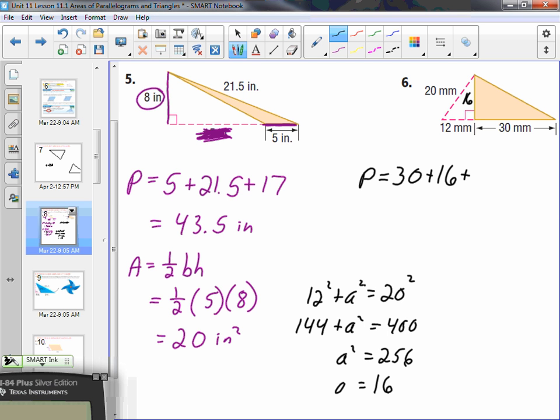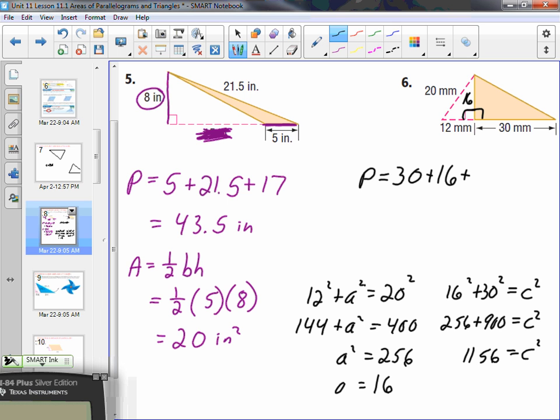Well, I need to use the Pythagorean theorem again on the actual triangle, don't I? Okay? Because if that's a right angle, so is that. So I've got a right triangle. So 16 squared plus 30 squared equals the hypotenuse squared. All right, 16 squared is 256. 30 squared is 900. So that's what, 1156 when I add those together.